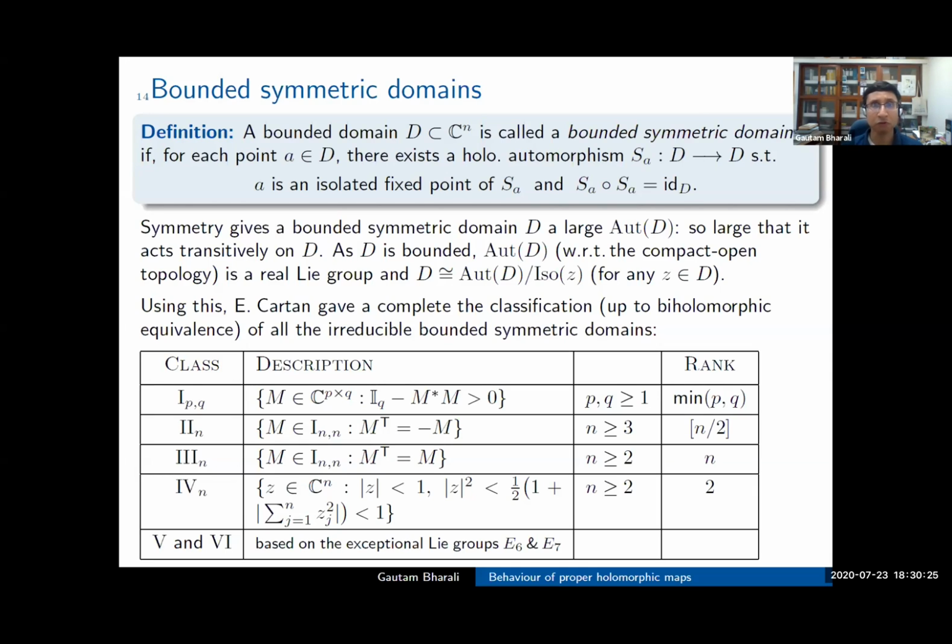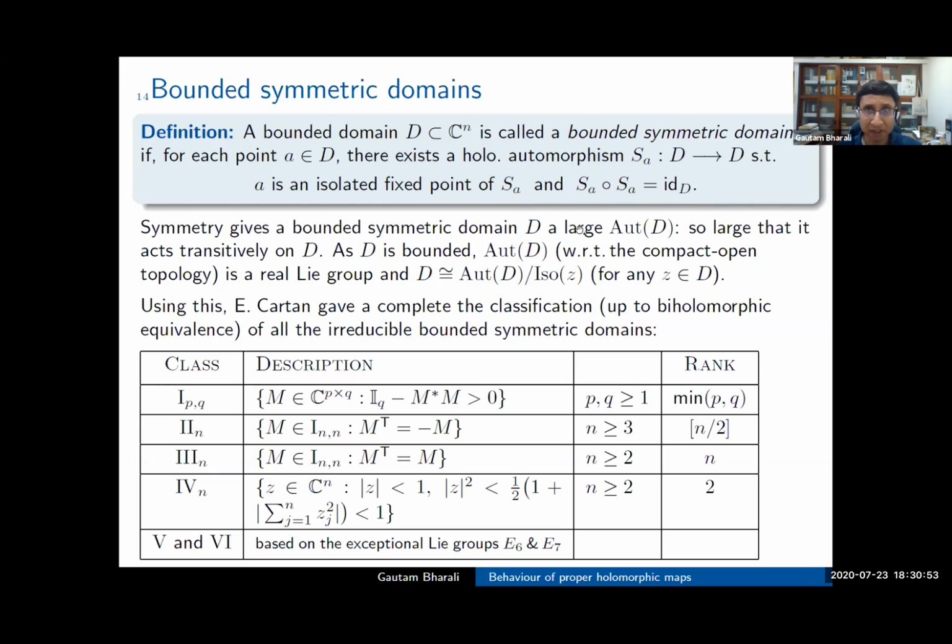So you have this holomorphic isometry. What we want to do is take a point A and pick a point B, and move A to B through a finite composition of these isometries.